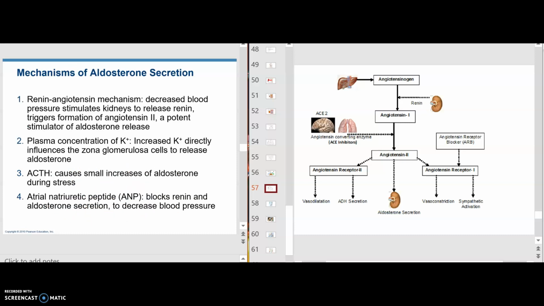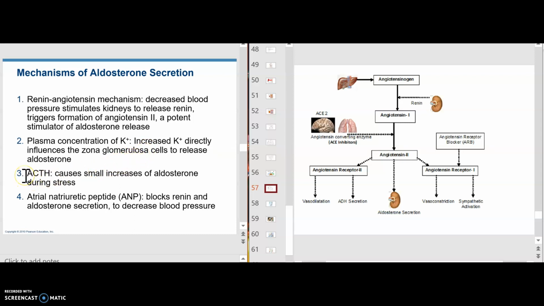Mechanisms of aldosterone secretion: renin-angiotensin, which we discussed, and plasma concentration. Potassium has a great effect on those cells to cause aldosterone to be secreted. If the potassium level starts to rise, then aldosterone will come in to eliminate it. So it retains sodium in exchange for potassium.